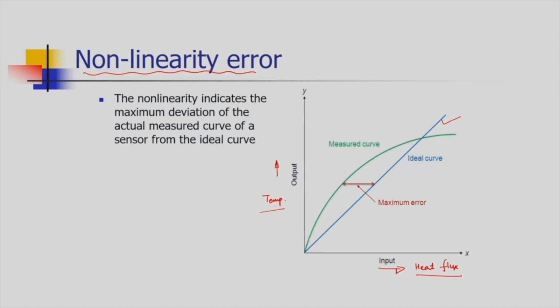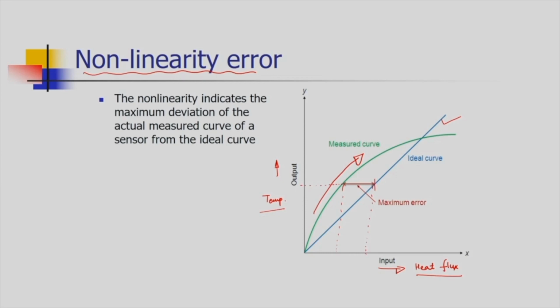However, in reality, when the sensor is used, we get a non-linear curve, not a linear curve. There is a difference in the input value for which we are getting the desired output value.